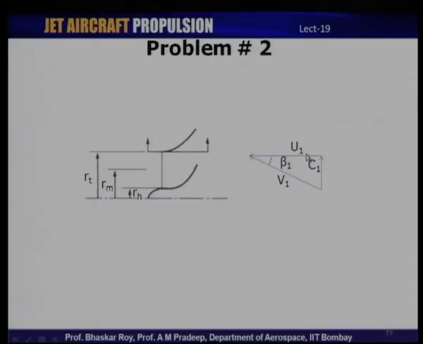So, if we look at the velocity triangles, we should be getting a velocity triangle as shown here at the inlet, and we have the blade speed at the inducer inlet, the absolute velocity which is assumed to enter axially, and the relative velocity at the inlet of the inducer.